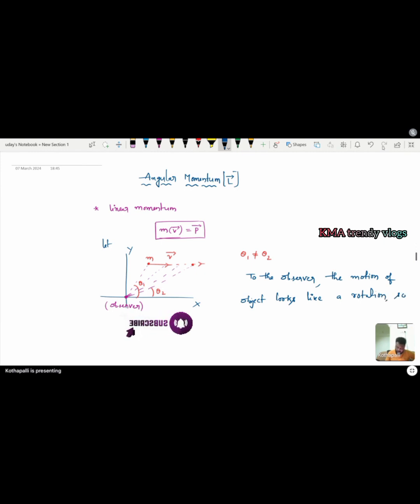So this linear momentum, with respect to the observer, will be angular momentum.